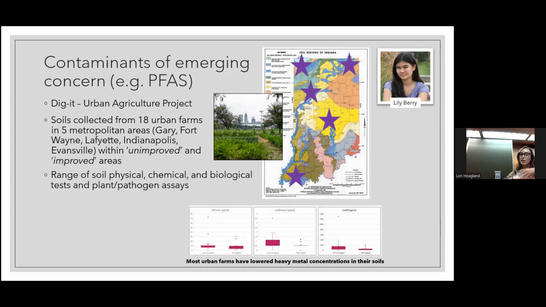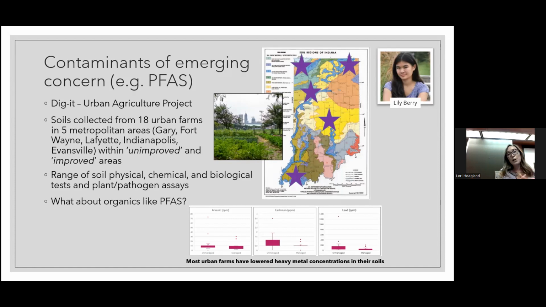We've conducted a range of soil physical, chemical, and biological tests on these soils, as well as plant and pathogen assays to understand relationships between contaminants and these other processes. Luckily, in most cases, we see that farmers in the urban sites are reducing the total amounts, diluting in some ways these heavy metals, although there are still some outliers.